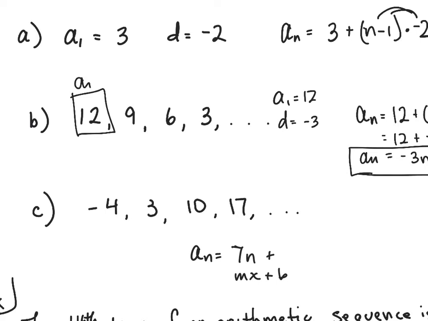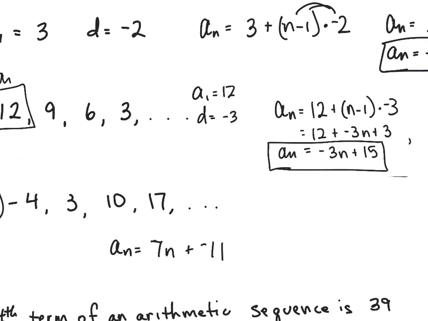The y-intercept, b in this case, would be a term that would exist if n equals 0, the term before the first term, if you will. And if we're adding 7 going in this direction, then we're subtracting 7 going in that direction. So subtracting 7 would mean we have -11 there. So our explicit formula is 7n minus 11.